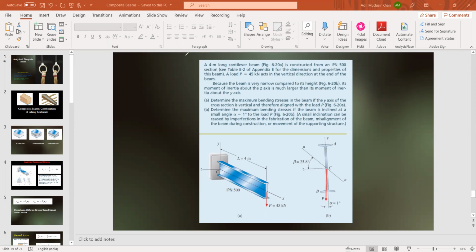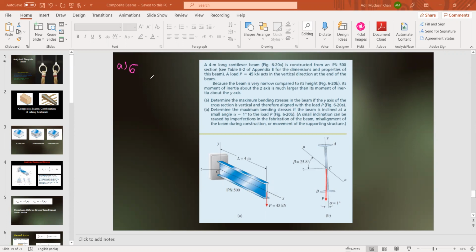We know that when the line of action of the load acts along one of the axes of the beam, we have a formula for the maximum bending stress sigma.